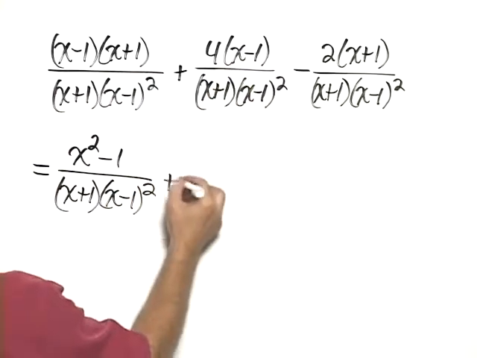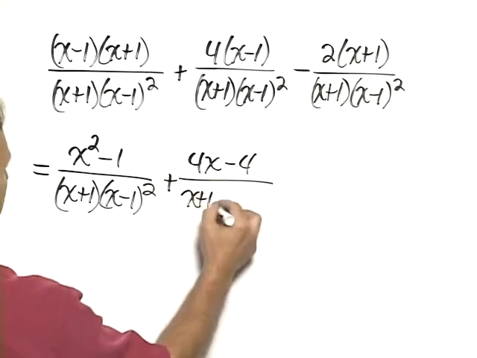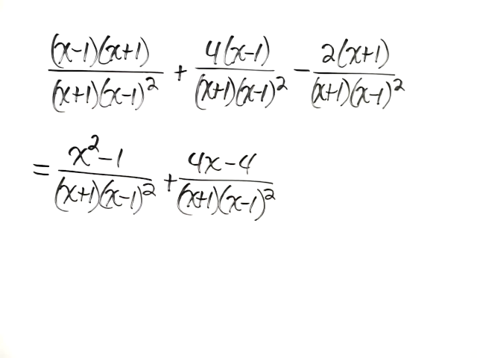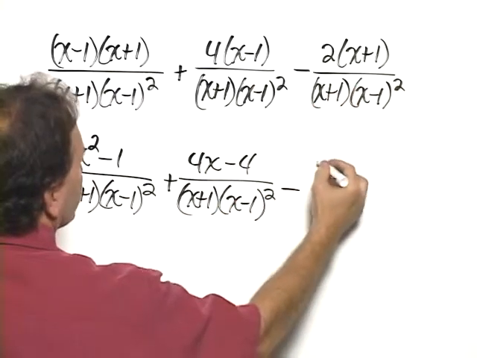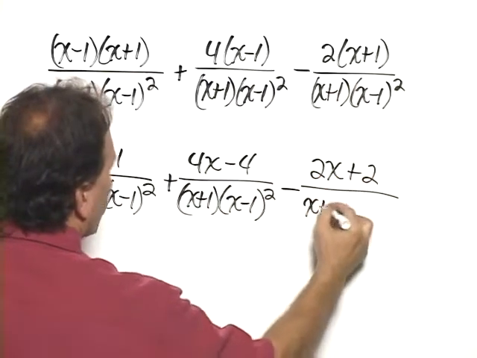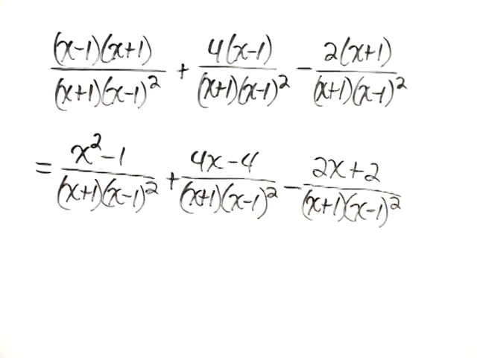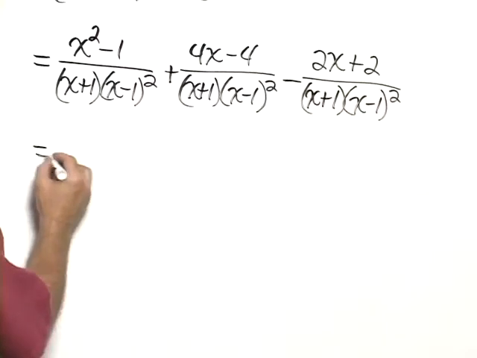In this numerator, we would have 4x minus 4 over x plus 1 times x minus 1 quantity squared. And for this numerator, we'd have minus 2x plus 2 over x plus 1 times x minus 1 quantity squared.